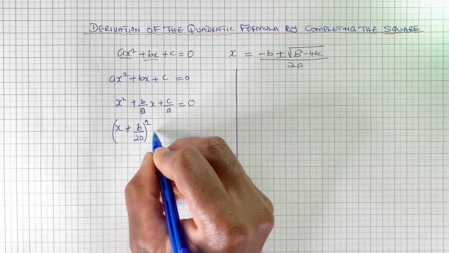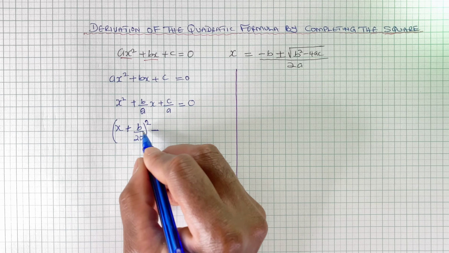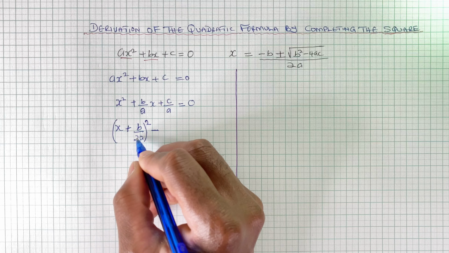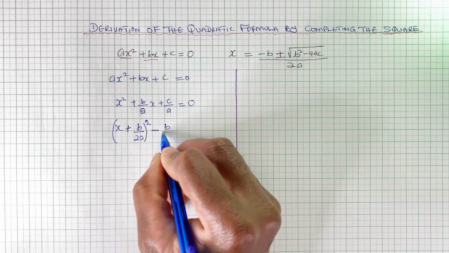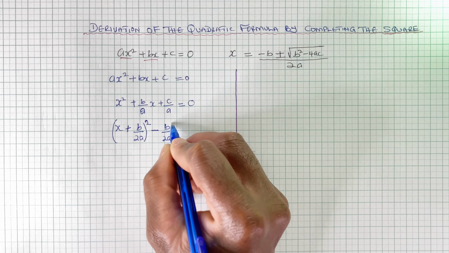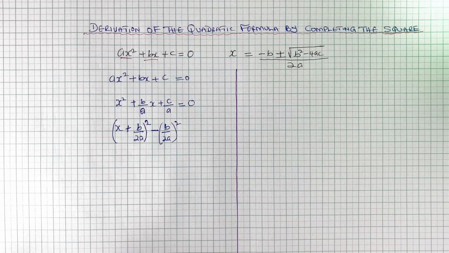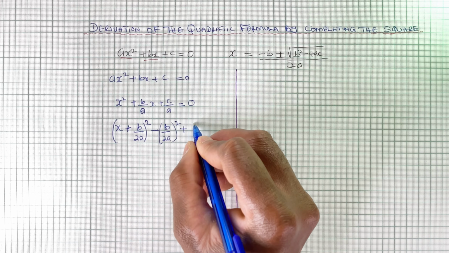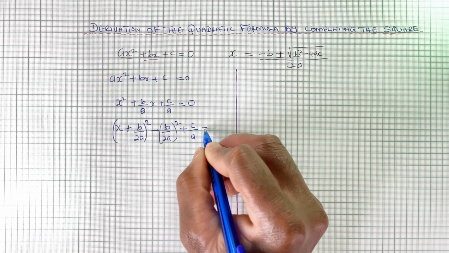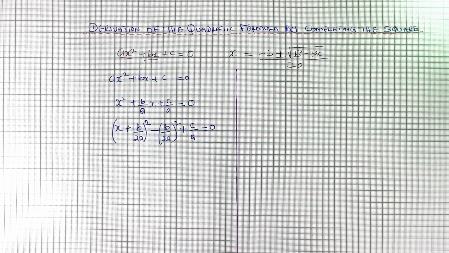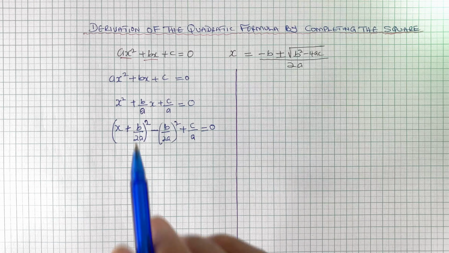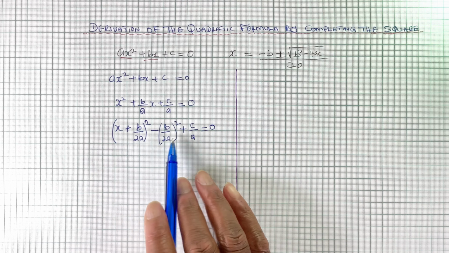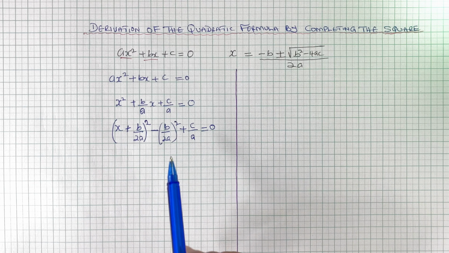Square it, take away the square of b over 2a, so b over 2a squared. Bring down the c over a, and then equal to 0. So that's my completing the square done.